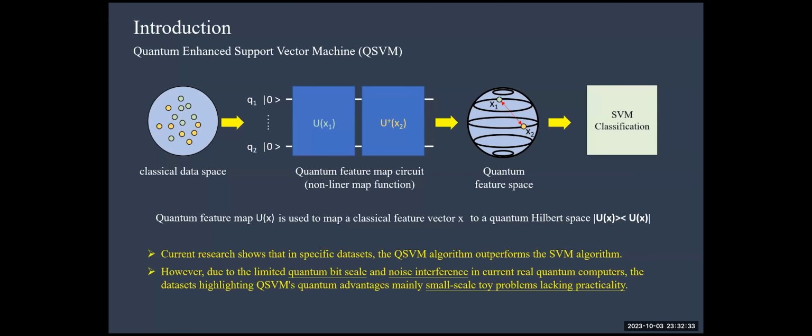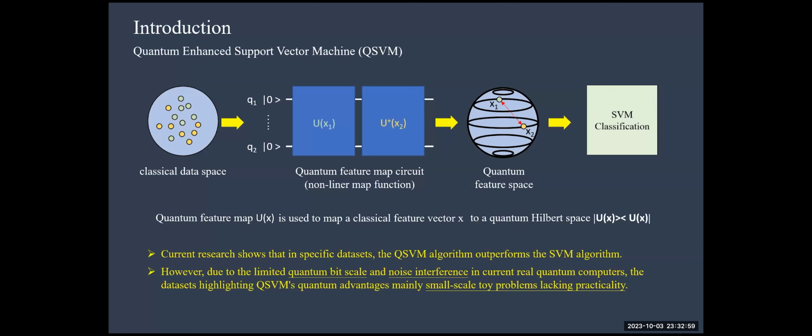So the quantum enhanced support vector machine, QSVM, is a classical-quantum hybrid algorithm. As shown in the figure, the QSVM algorithm uses a quantum feature map circuit to map classical data into the quantum hyperspace, also referred to as the quantum feature space.